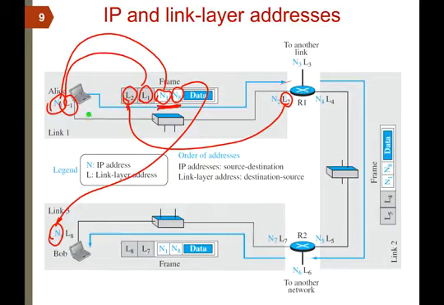So we have this frame that we want to send. We know our IP address. Here is Alice's IP address, and N8 is the destination IP address.